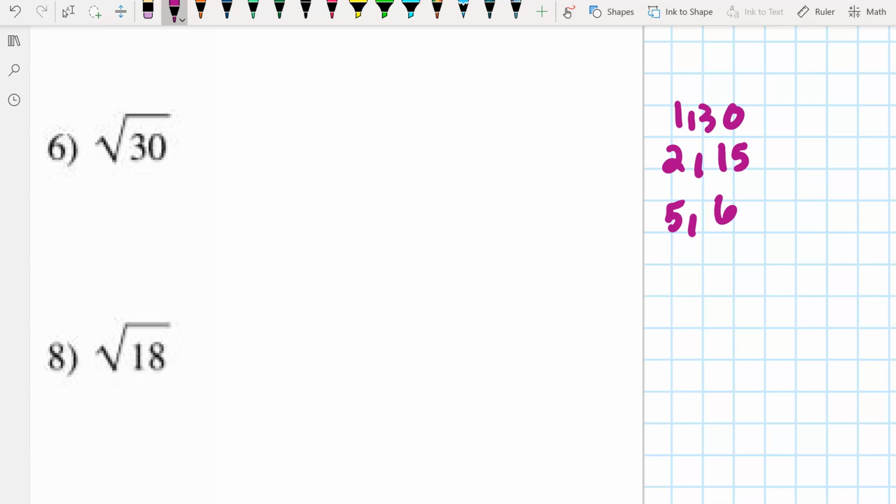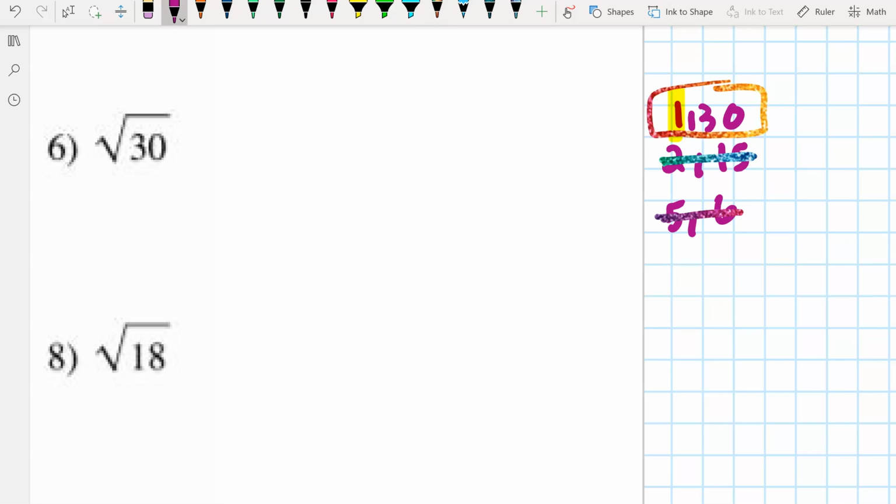And I believe that's it. I don't think there's any other ones. So if we're looking for perfect square factors, we obviously have 1, okay? 2 and 15 are not, okay? And 5 and 6 are also not, okay? So that leaves us with 30 and 1, okay?